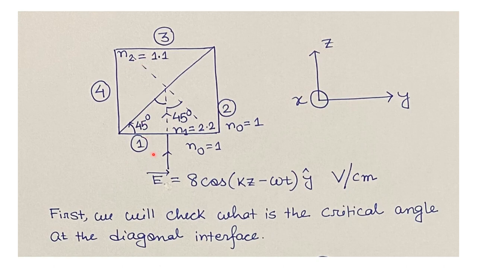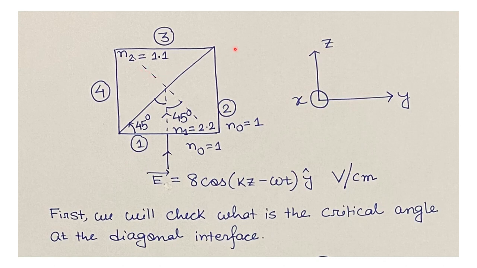Two situations may occur in this case. First, the angle of incidence on this diagonal interface is less than the critical angle for total internal reflection. Then some portion of the incident EM wave will be reflected back in this region, and the remaining portion will be transmitted from this interface into this region.